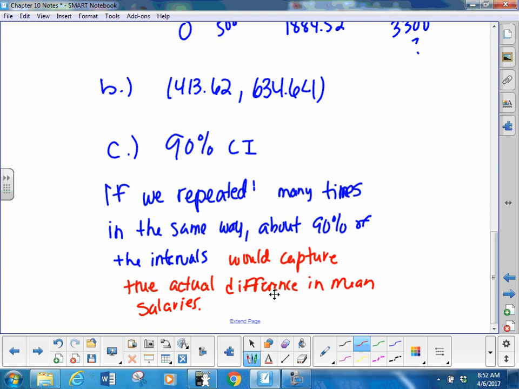We did that many times, we captured the truth, so we're thinking the truth is in there. And zero's not in there, so that supports the idea that maybe there is a difference. Okay, so that's 45.